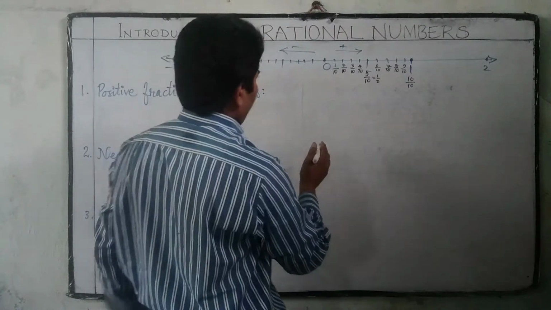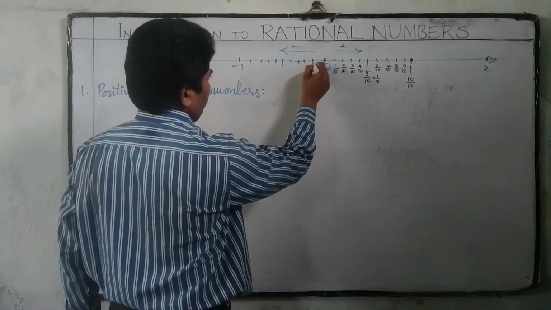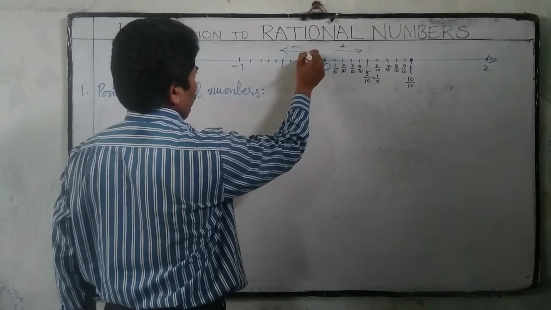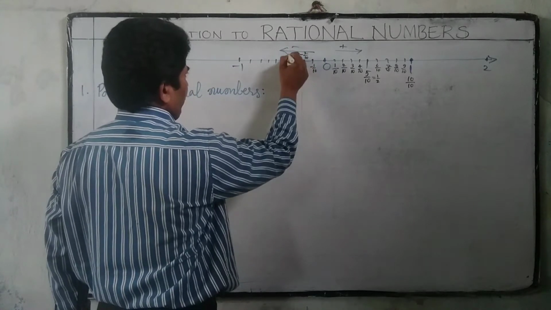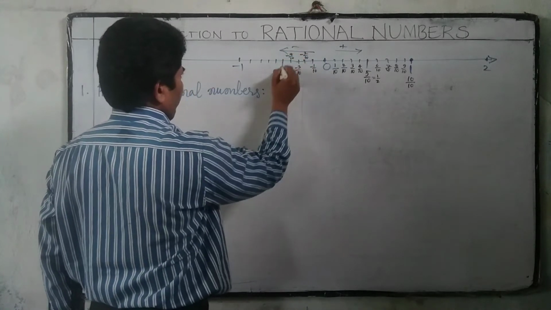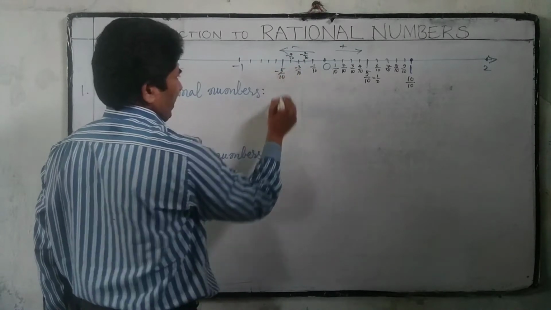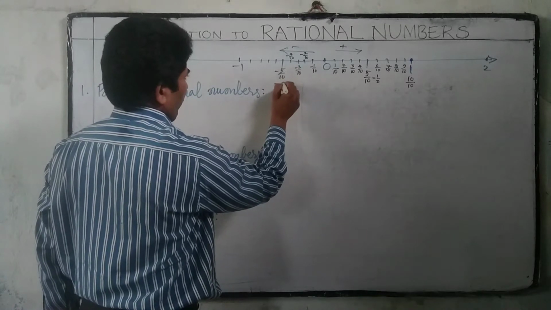On left hand side also we can show like this, minus 1 by 10. This is minus 2 by 10, minus 3 by 10, minus 4 by 10, minus 5 by 10. So minus 5 by 10 is equal to minus 1 by 2.